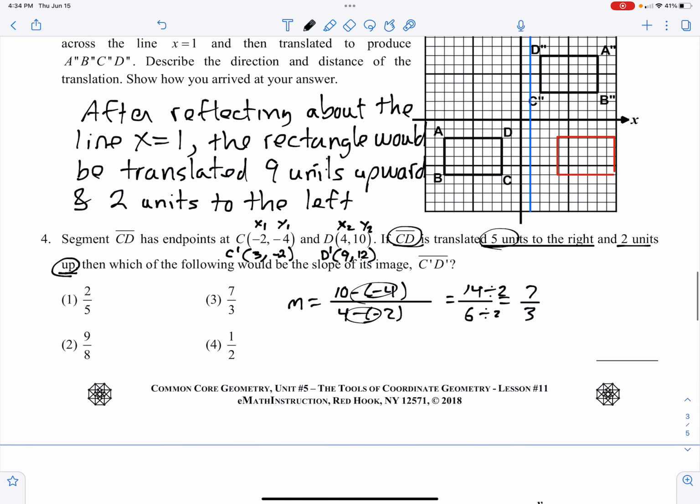So here's the deal. If you move this line anywhere, it's going to have different endpoints, but it's going to have the same slope. So the slope of the original line connecting those endpoints is the slope of any line that you translate anywhere. 7/3.